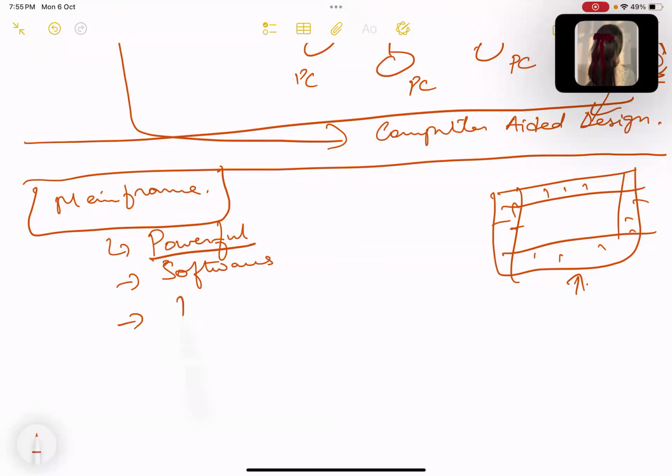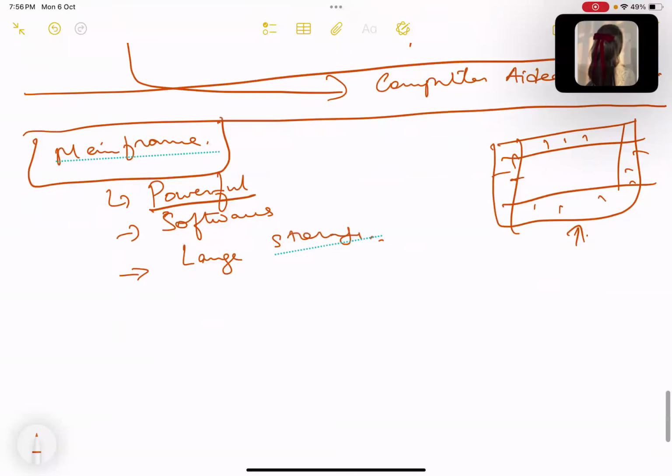Because of this, they also have large storage. And the most important name here is IBM, okay? So this is what is regarded as a mainframe.